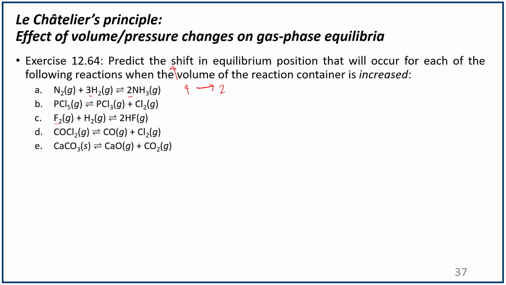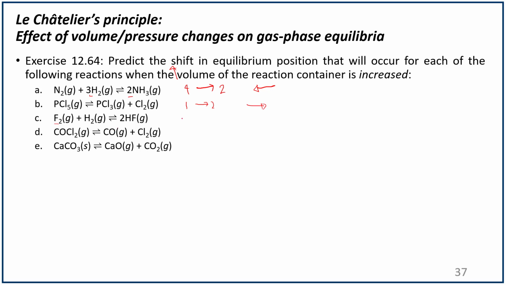Since increasing the volume will result in the system shifting towards the direction in which you produce more gas moles, this reaction, upon introducing that stress, should shift to the left. For letter B, we have 1 on the reactant side and 2 on the product side, so this one goes to the right when you increase the volume.